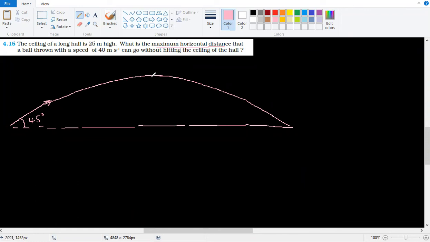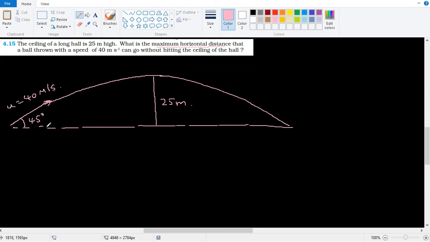So the ceiling of the long hall is 25 meters height. So that means you have to utilize this height as much as possible, right? So this height is given as 25 meters high. With a speed of 40 meters per second, so you are throwing with a velocity of 40 meters per second. So initial velocity is 40 meters per second.